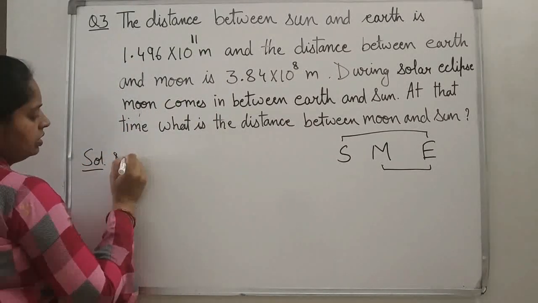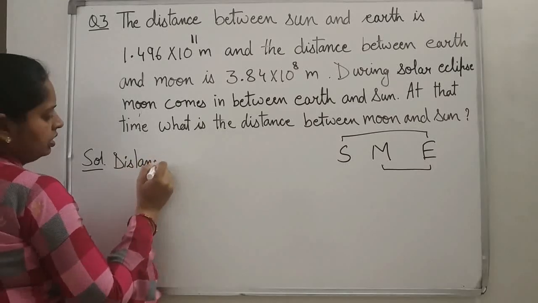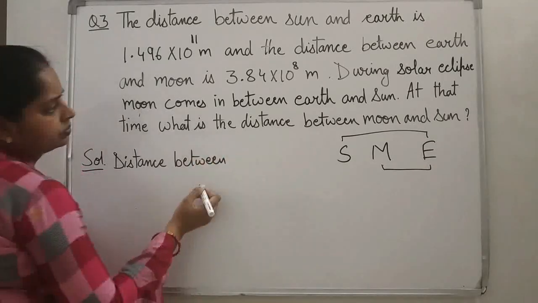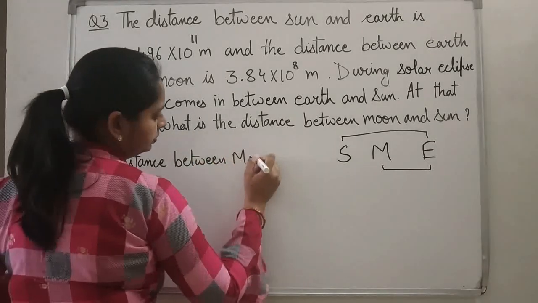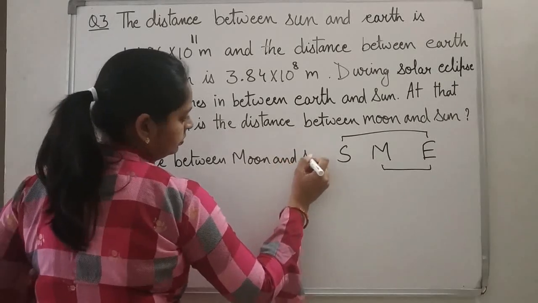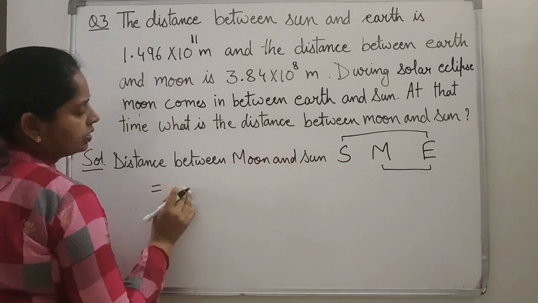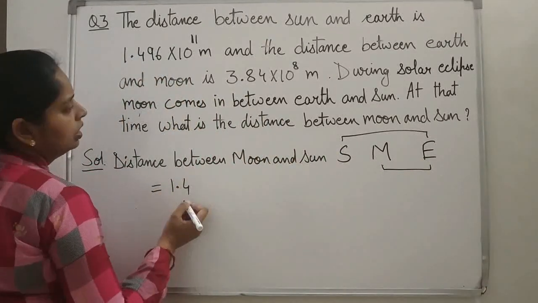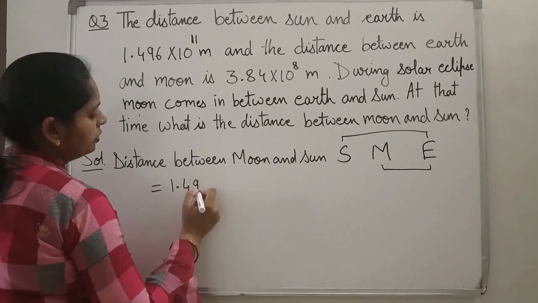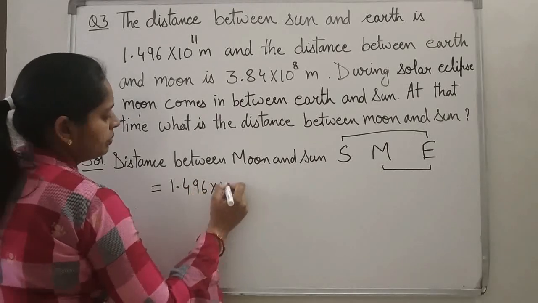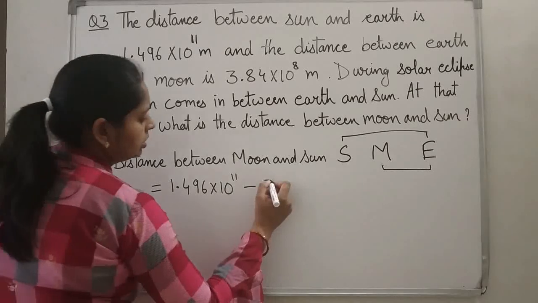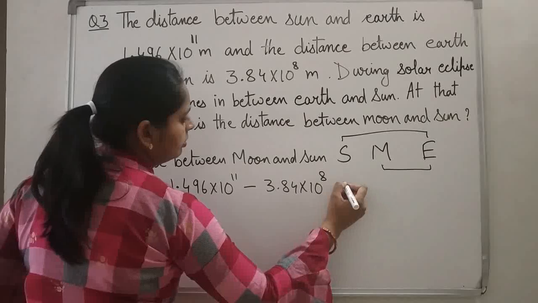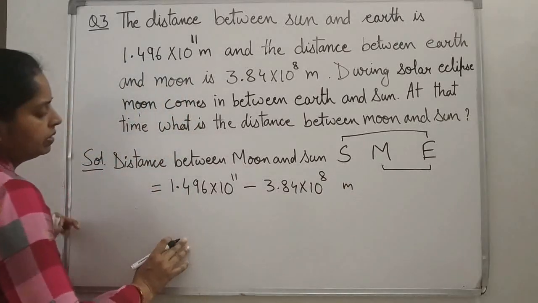Distance between moon and sun is equal to the distance of sun and earth, that is 1.496 into 10 to the power 11, minus 3.84 into 10 to the power 8 meter, right? This will be the units.